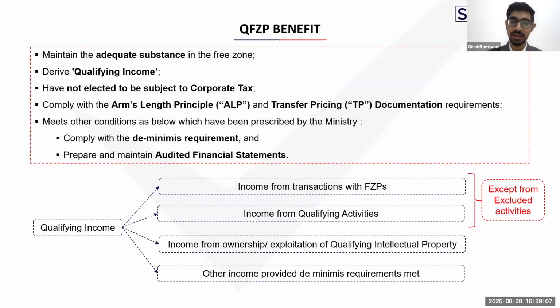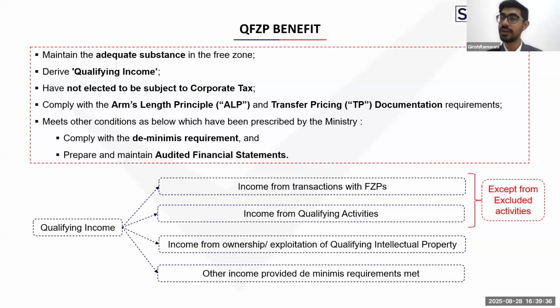So any income which is not a qualifying income, if that income is within 5% of the total revenue, then you are not going to lose the QFZP benefit. You can avail the QFZP benefit even if you have derived any income from non-qualifying activities, subject to that being within the 5% threshold only. So this is a small buffer which is provided by the corporate tax law.